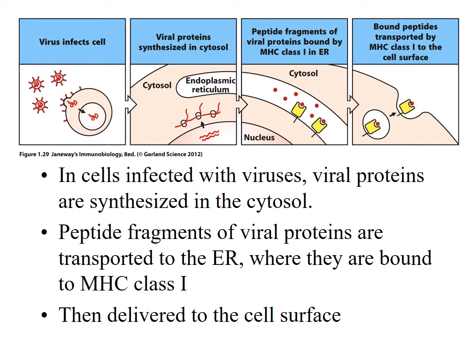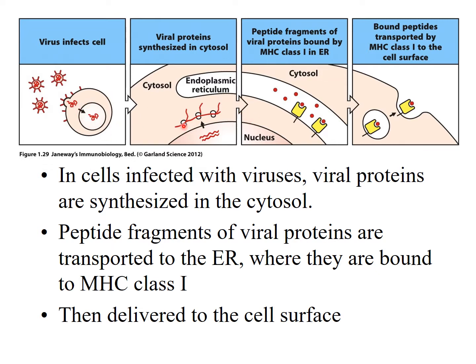So what happens in a nutshell? Okay, we'll be going over this in more detail in later chapters, but a virus infects the cell. And again, keep in mind, things here are not drawn to scale. So just look at how it is here. One virus goes in, takes over, things start to get made that are just virus.